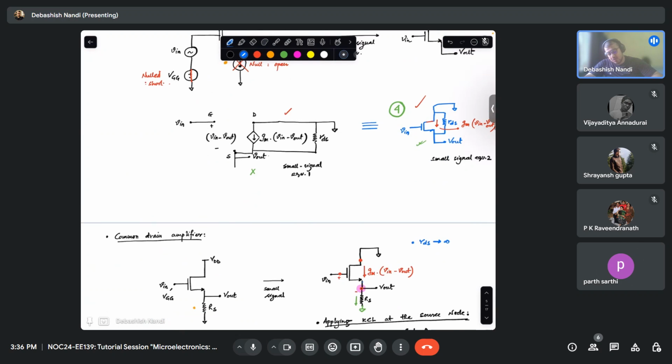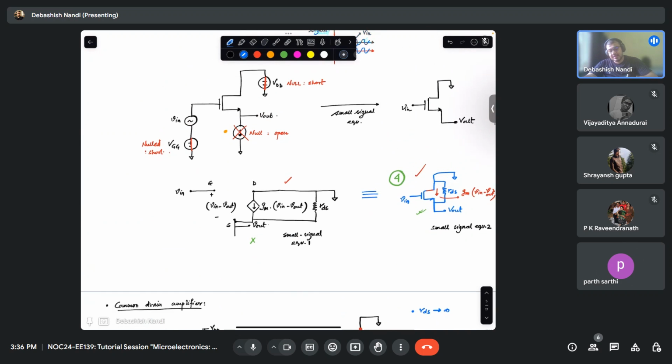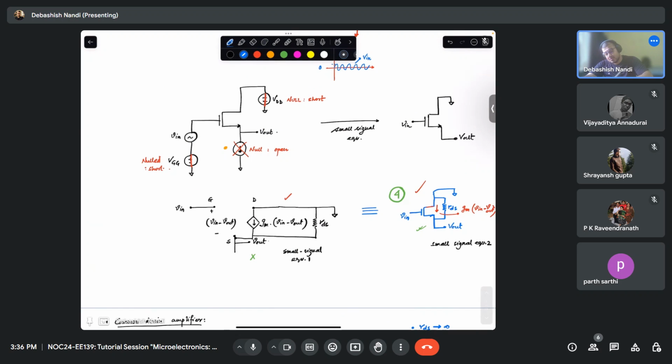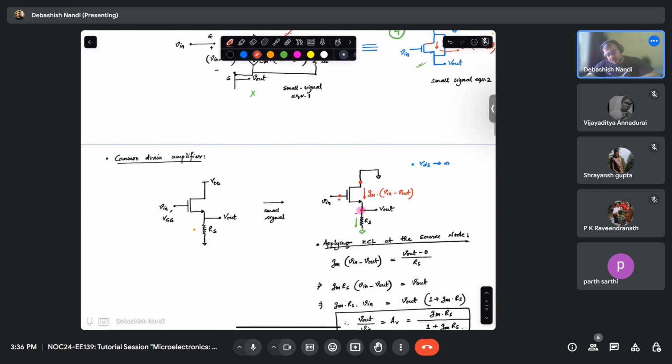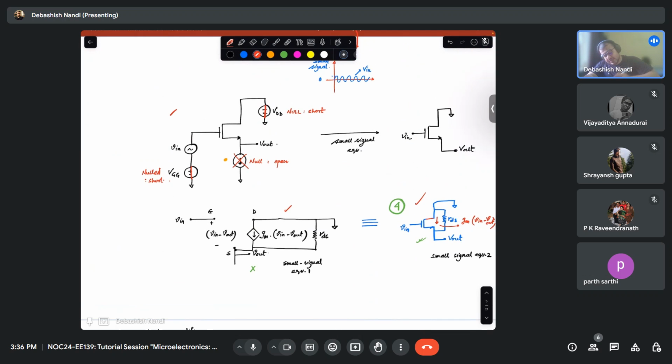So that is how these two circuits, this one and this one, show similar behavior, okay? Because if you consider a practical current source, you will have an RS. This RS comes into the picture after you go to the small signal analysis and open the ideal current source.